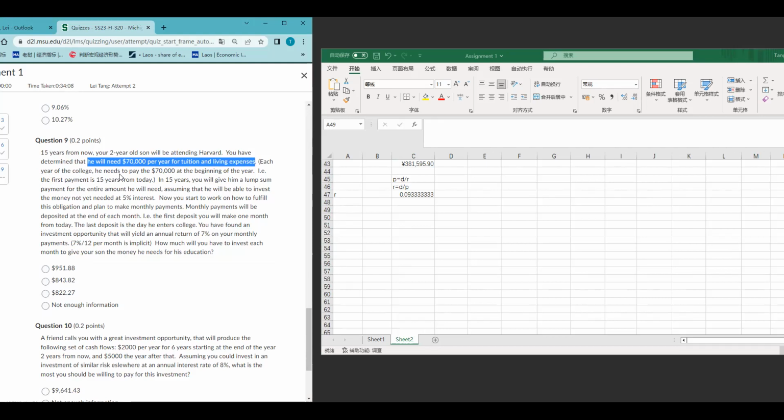Each year of college, he needs to pay 70,000 at the beginning of the year. Okay, beginning of the year.